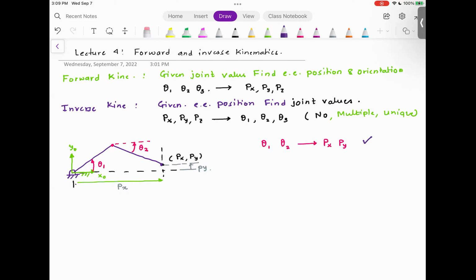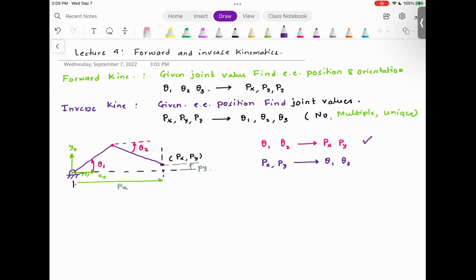Now the inverse problem is: px and py are given, and I need to find theta 1 and theta 2. Please understand, the equations we are going to use are the exact same.